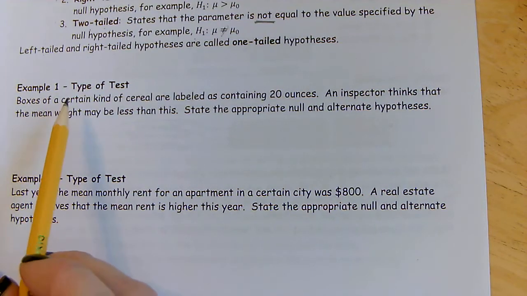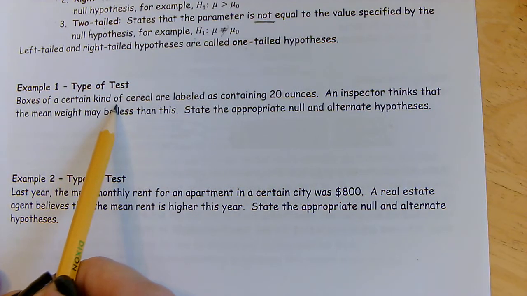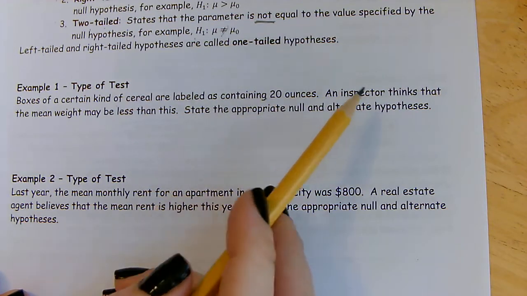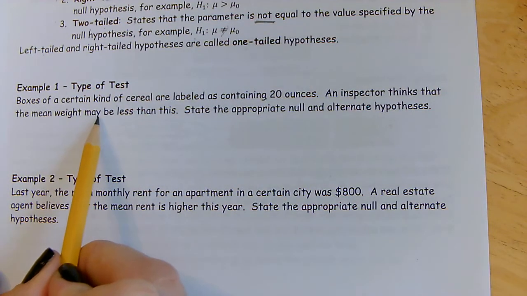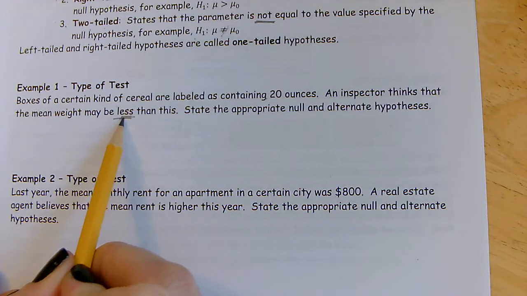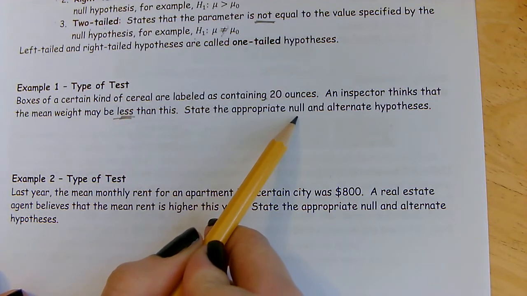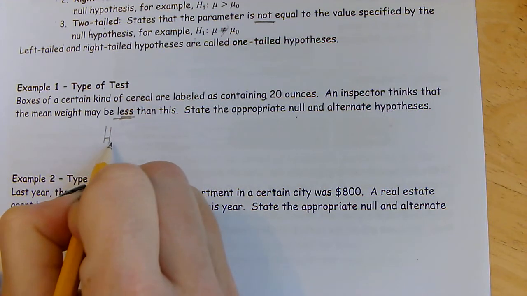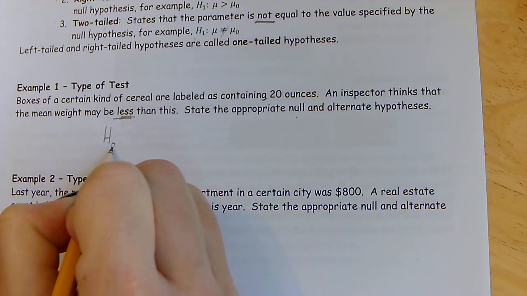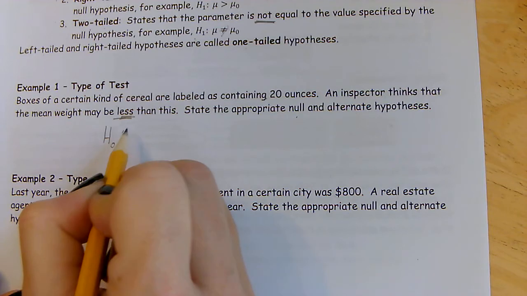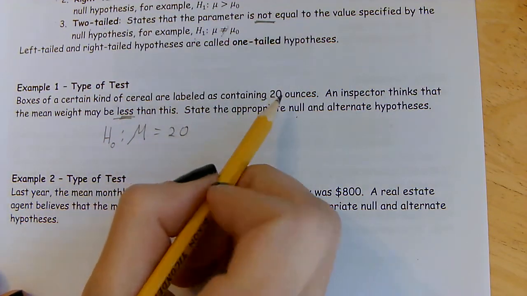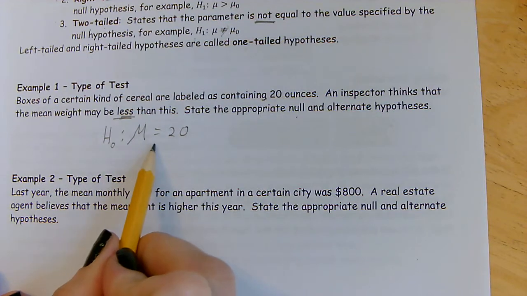For example, boxes of a certain kind of cereal are labeled that they contain 20 ounces. An inspector thinks the mean weight may be less than that. We're going to state the null and alternative hypothesis. The null hypothesis, notation H sub 0, is that the mean weight is equal to 20 ounces. The null will always be equal to.